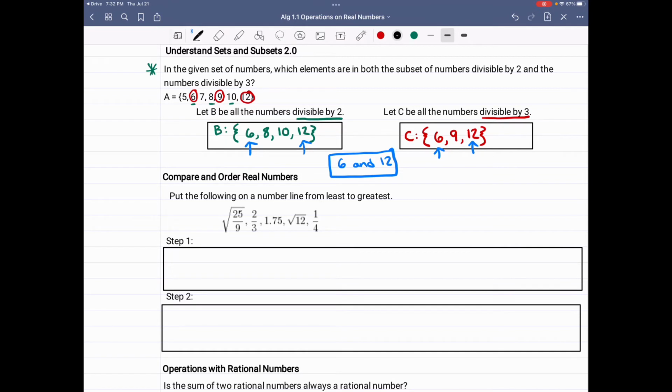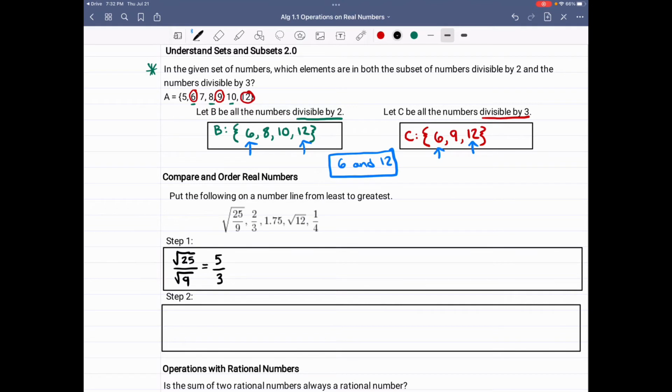Okay, so we have the square root of 25 over the square root of 9. So what I'm going to do is take the square root of each of them. You are allowed to do that, to split the square root to both the numerator and the denominator. And we get the square root of 25, 5 times 5 is 25. The square root of 9, 3 times 3 is 9.